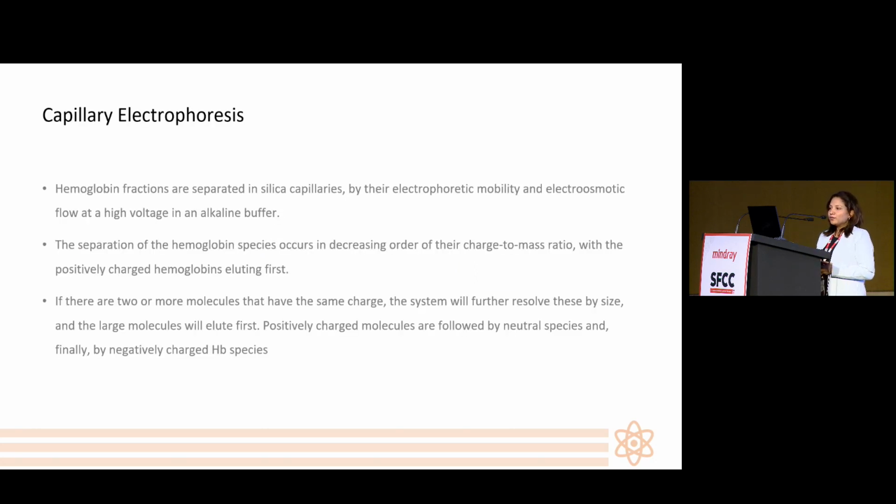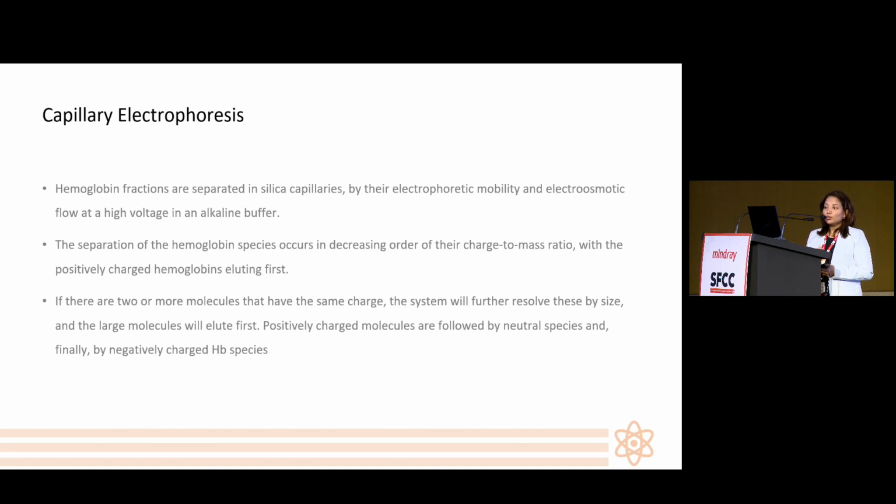The last method that we are going to talk about is capillary electrophoresis. In this, the hemoglobin fractions are separated in silica capillaries by electrophoretic mobility and electroosmotic flow at a high voltage in an alkaline buffer. The separation of the hemoglobin species occurs in decreasing order of their charge to mass ratio, with the positively charged hemoglobins eluting first.